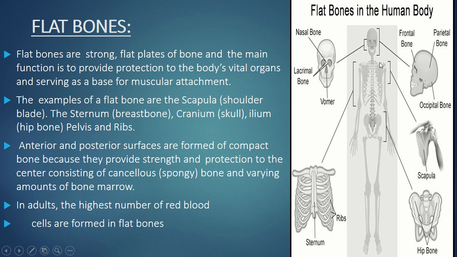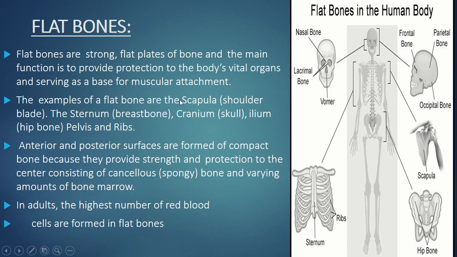Here in the head you can see the brain, everything is being protected. Something needs to be flat for something to get attached. If it is irregular, the attachment won't be that strong. So the flat bones mainly serve for muscular attachment.